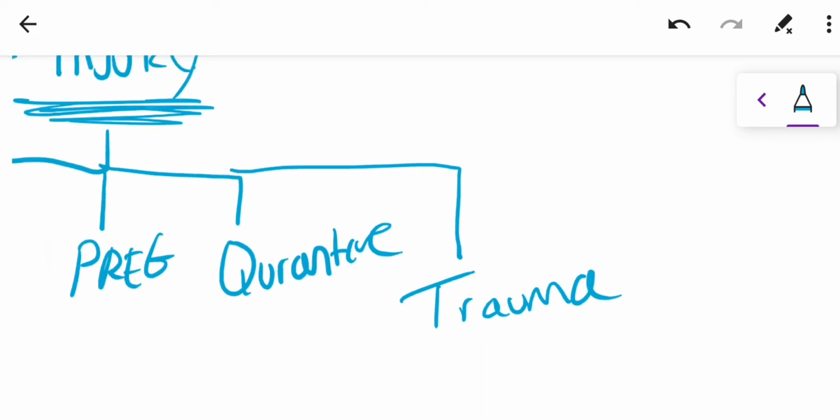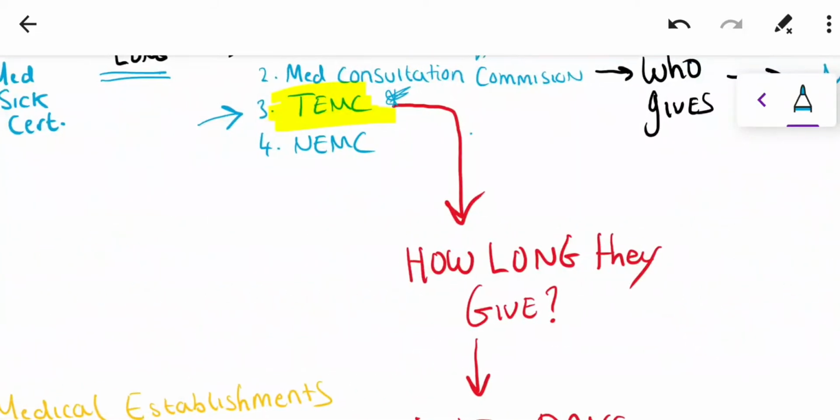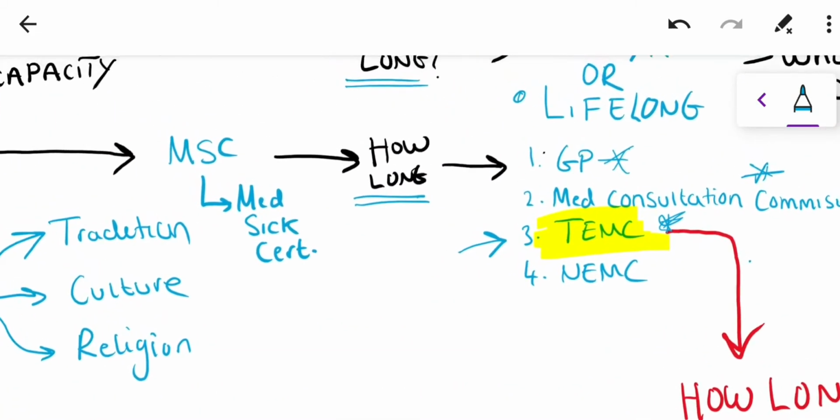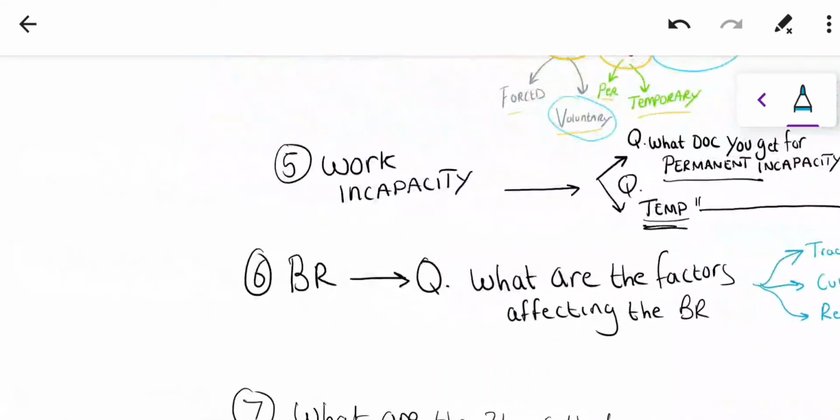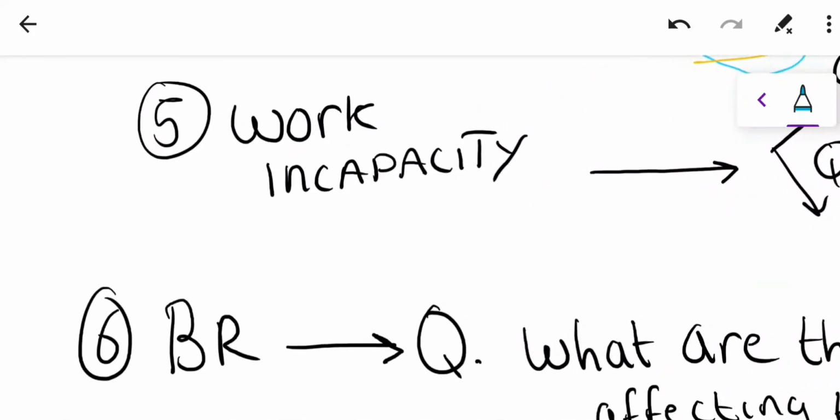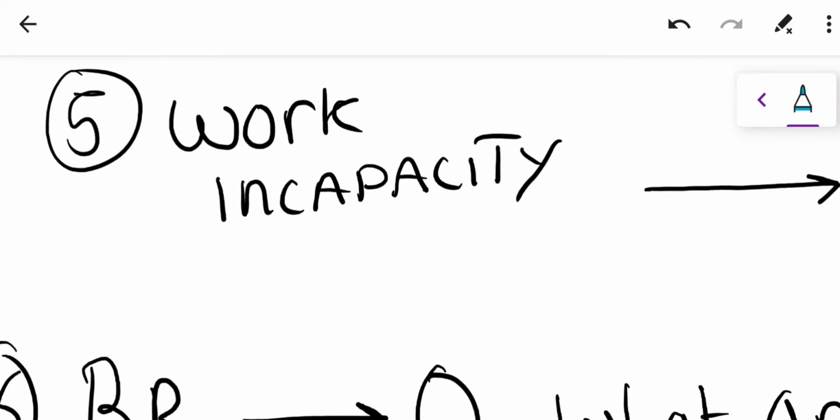All right, so just know that. It's a tricky one because it does sound similar, incapacity at work, but there are different documents behind it, and there's going to be different answers for each.